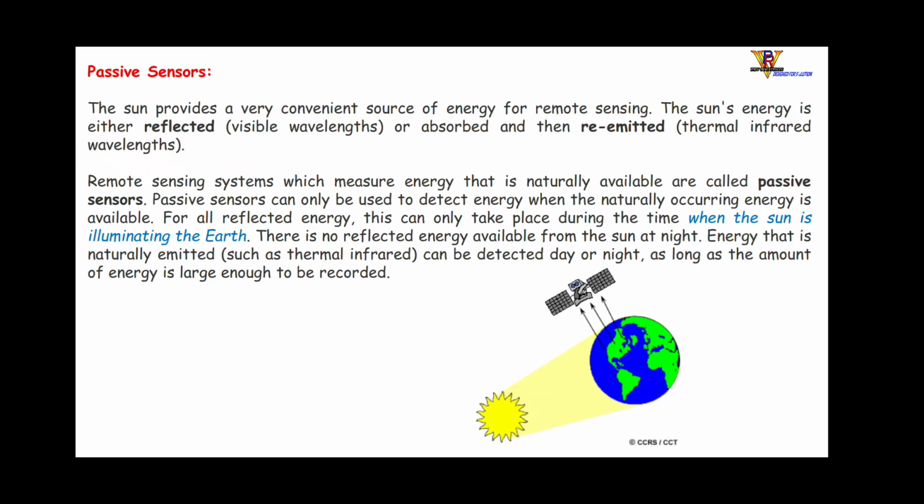In the figure, we can see that the sun is illuminating the earth's surface, and the re-emitted thermal infrared energy, if its amount is sufficient to be detected by the sensor, can be recorded or measured. These types of sensors are known as passive sensors.